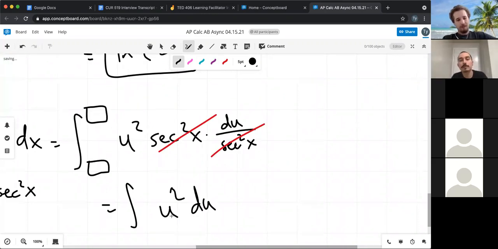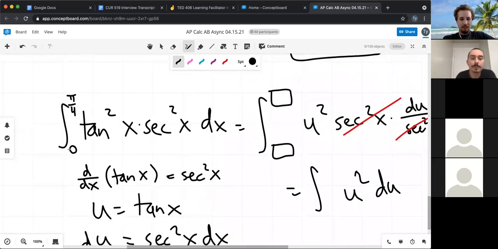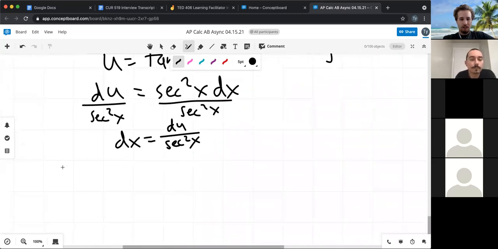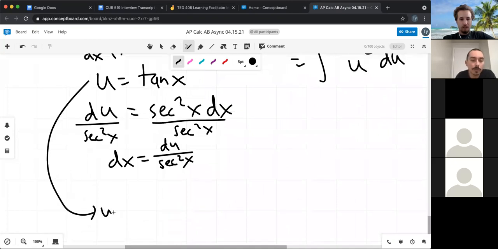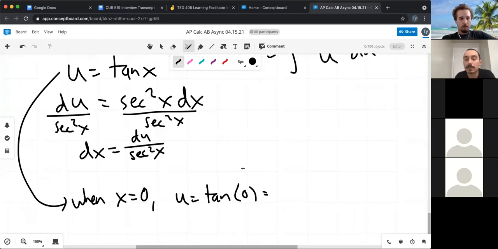Okay, it's at this point we want to do our check. Do we have any x's left? No, we do not. We just have u's. That is a good thing. That means we did it right. And now we can find our limits of integration. Our old limits of integration were 0 and pi over 4. When x was 0, u is tangent of 0, which is 0.